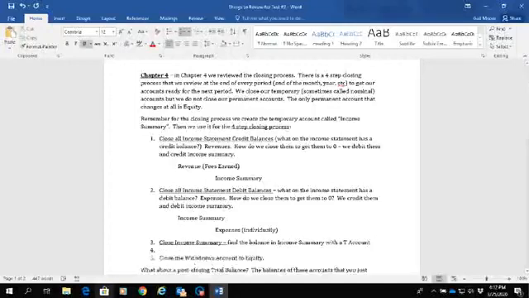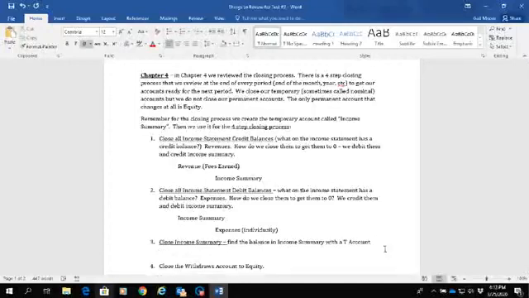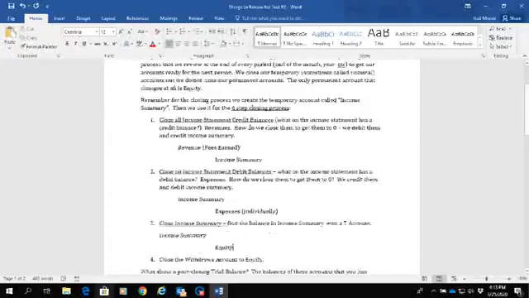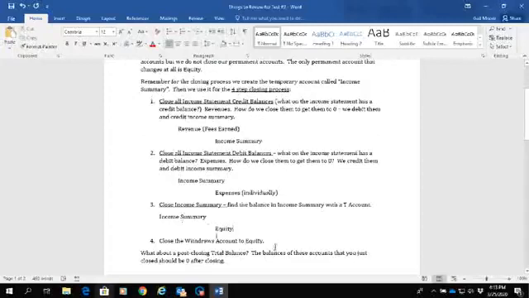And so what are you going to do to that? You're going to debit income summary, right, to get it to zero. We're going to debit income summary, okay, and then what? Then you're going to credit your equity, right? Your equity account. We're going to increase that equity by your income. That's basically what you're doing here.